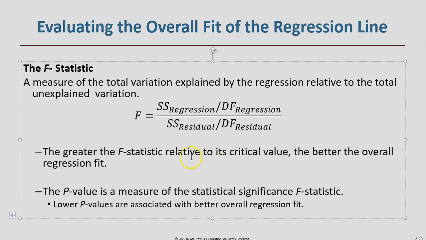There are F critical value tables that you'll find in a statistics book, and you can look up the statistic based on a numerator degrees of freedom and denominator degrees of freedom, and that'll give you a critical value. And if your F statistic is above that, then your model is statistically significant.